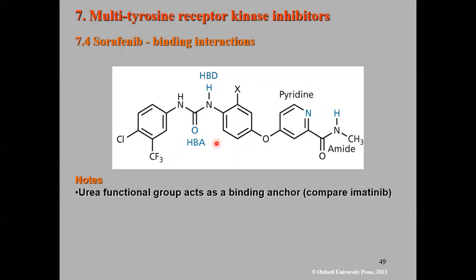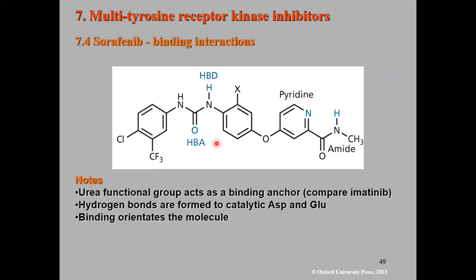As I said, compare that to imatinib. The hydrogen bonds are formed to catalytic aspartate and glutamate. And we mentioned earlier that if you want your compound to be active, it has to have those hydrogen bonds. The binding orientates the molecule.